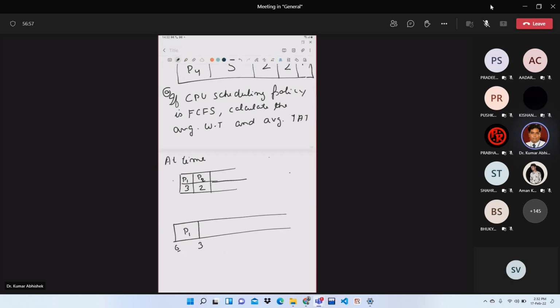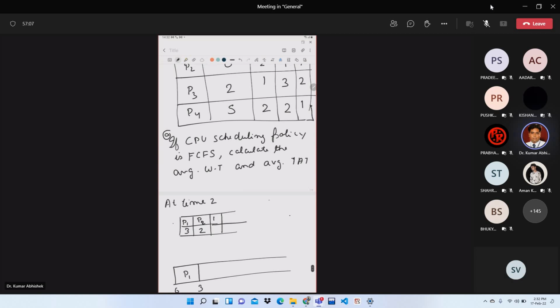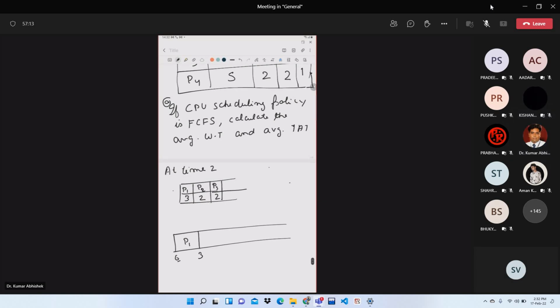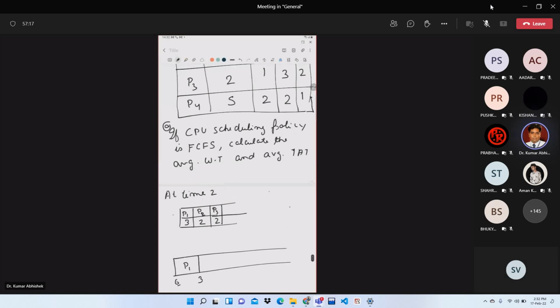Now what happens at time 2? This was at time 0. Now at time 2, we have one more process, say P3. We are keeping it to P3 only. For your understanding, we have this scenario at time 2.